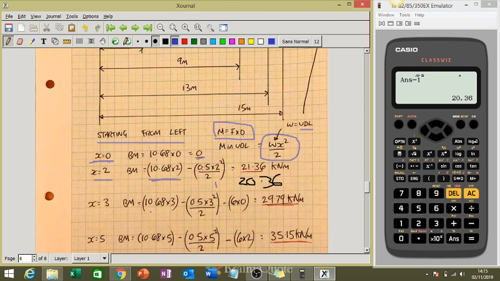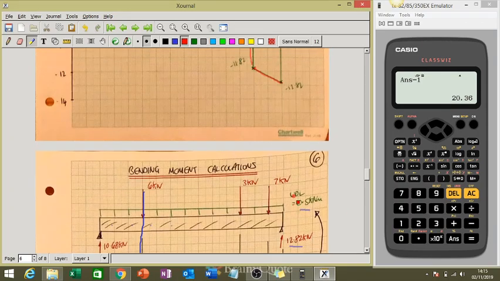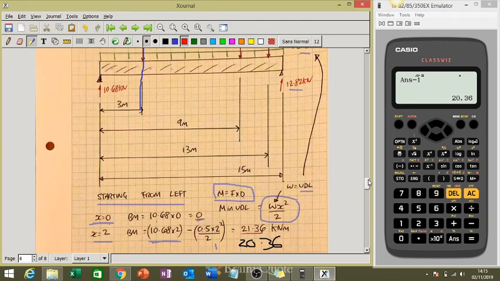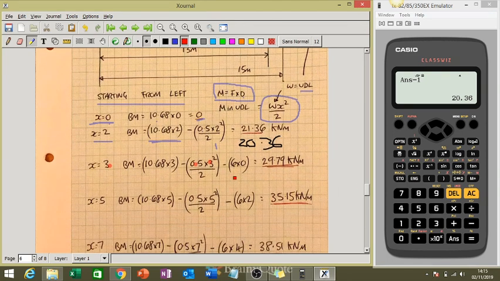So that's my reaction. I'm 3 meters in. That's my UDL, wx squared over 2. All that's changed is the 3 and 3, because the 0.5 is the same. 3 meters in, so let's just check now.